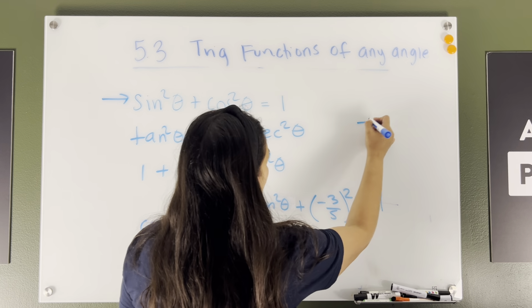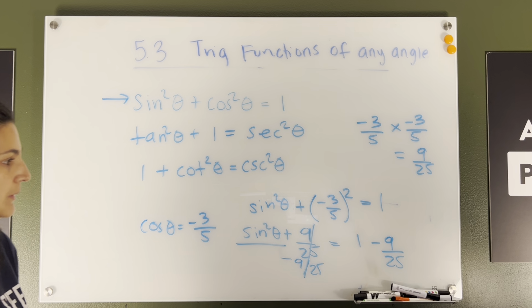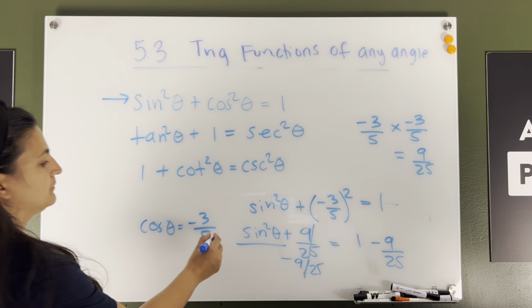Solve for sine theta, which means I need to take away that 9/25. Instead of 1, I'm going to rewrite it as 25/25, so I could have the same denominator. And when we do this, what's 25 minus 9? 16/25.